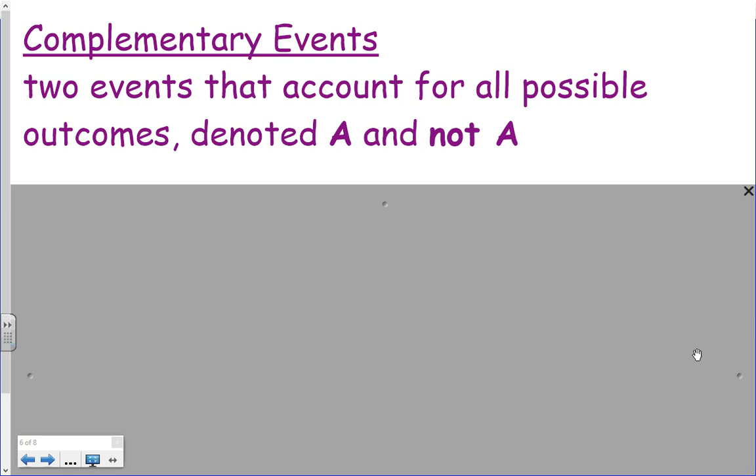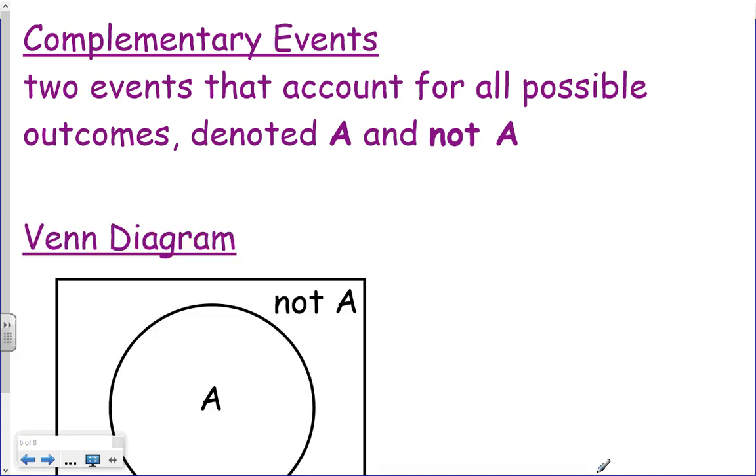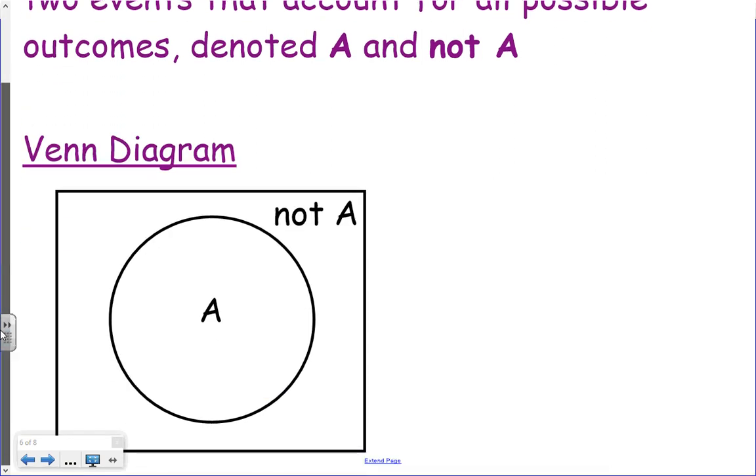Now again, we can use a Venn diagram to sketch what this would look like. I don't need two circles here though, because I only have event A that we're talking about. And the box, by the way, is there to indicate everything else that's not in event A. So when I think about all the possible outcomes, event A contains some of those outcomes.